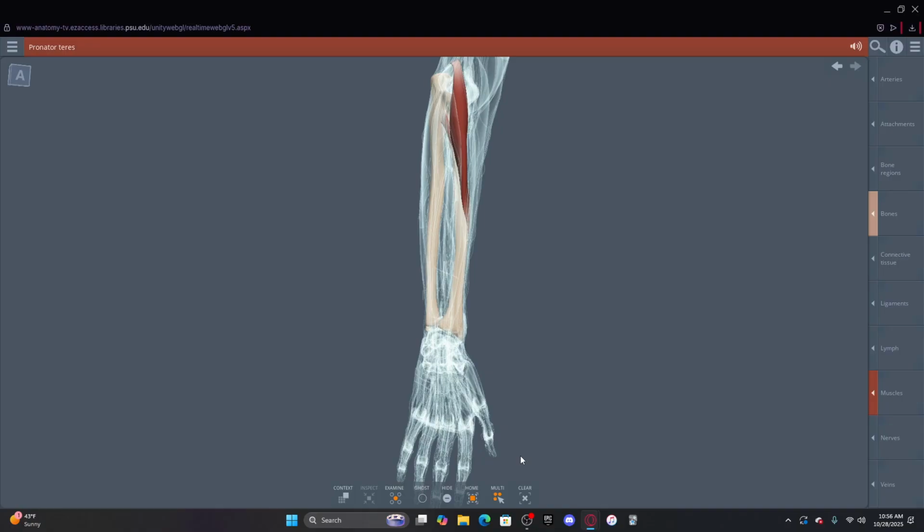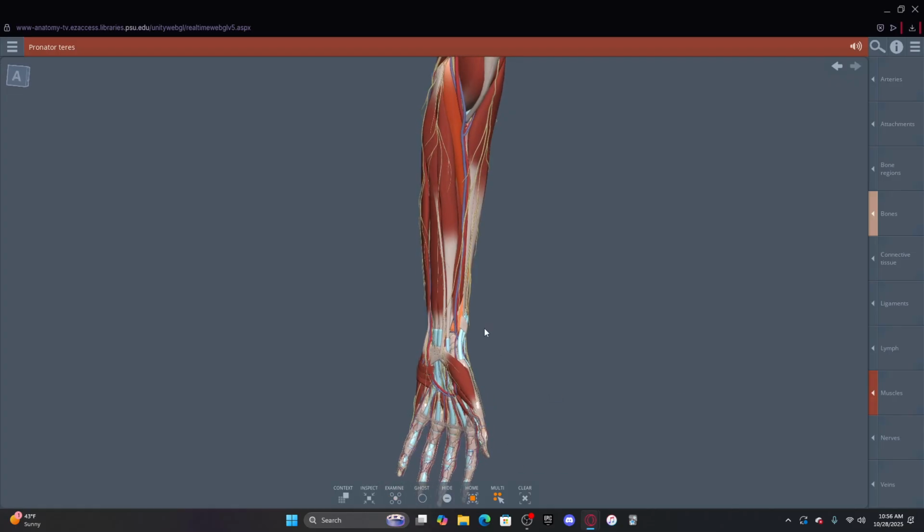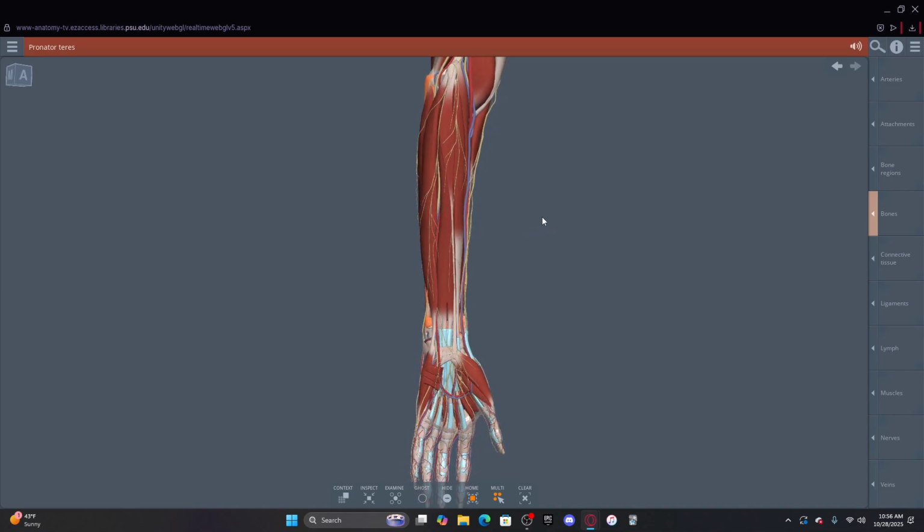So we have that. Now we're going to move on to another muscle, palmaris longus. So we have pronator teres, right? This is the next muscle to start off with. It's very evident that you can see it when you're looking at the anterior compartment.